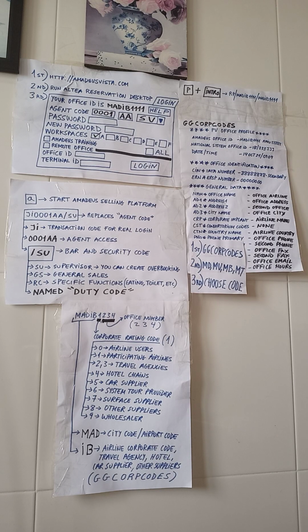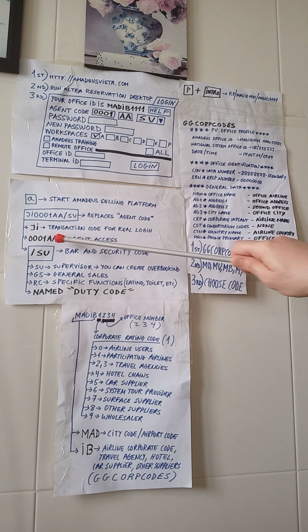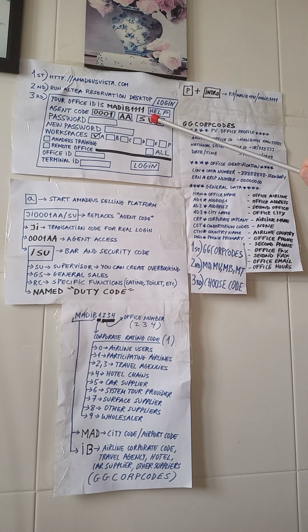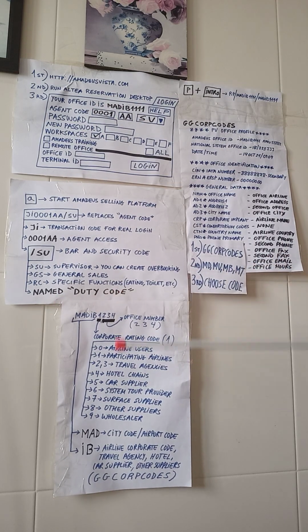To speak about more information about this part of the agent code, I am going immediately to the transactional folio, this folio, where we have here on the bottom more information about the duty code. This is named duty code.